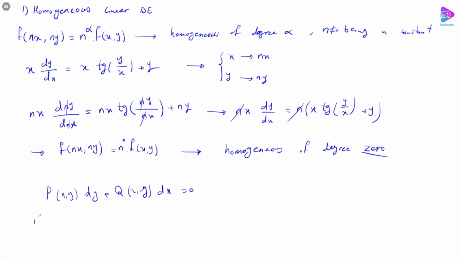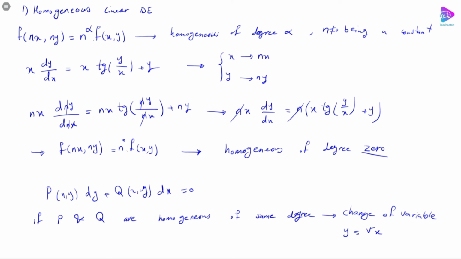Now we can say if P and Q are homogeneous of same degree, this is very important, then we can do a change of variable of y equal vx, or basically dy equal v dx plus x dv, and using this change of variable we can make it separable and solve it.